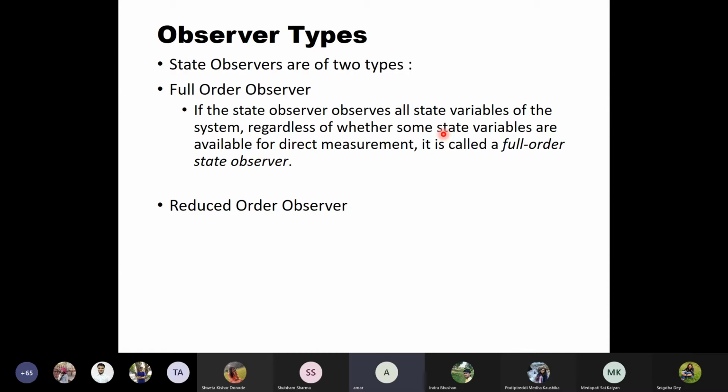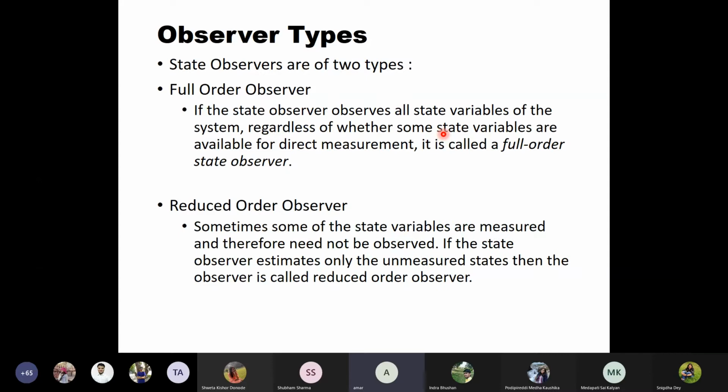Whereas in case of a reduced order observer, we will observe only the unmeasured states. So we will take the information of the output and only observe the unmeasured states. So this is also called the minimum order observer.